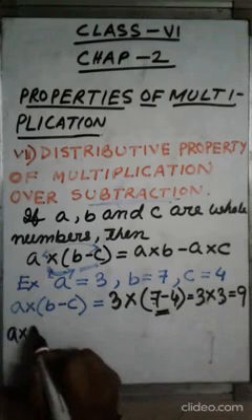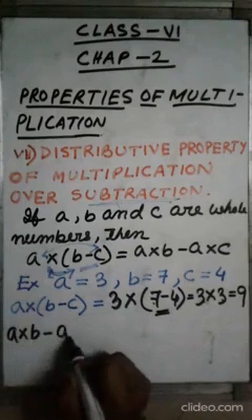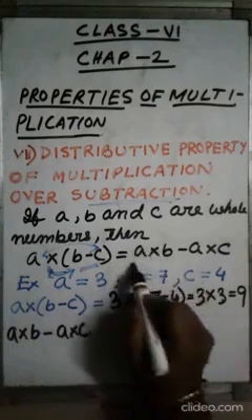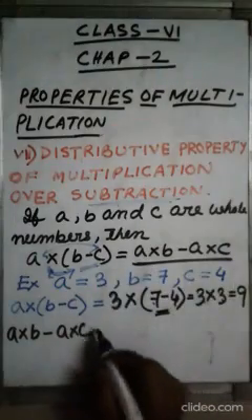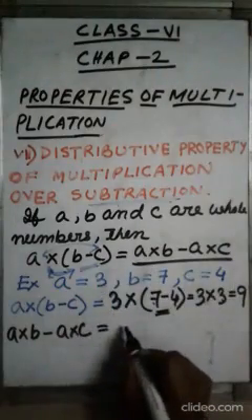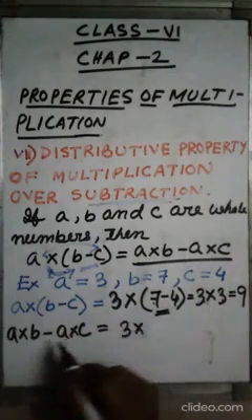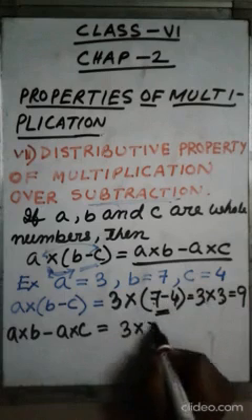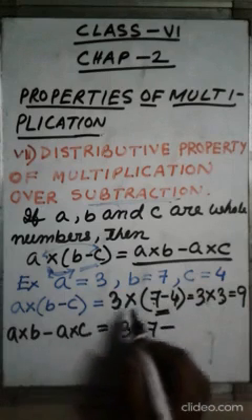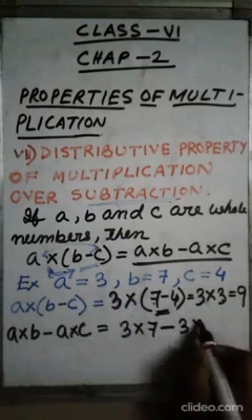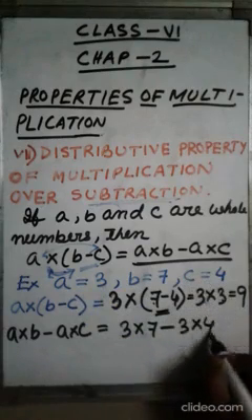Next, A into B minus A into C. This part we have to check what value we get. 3 into 7 minus 3 into 4.